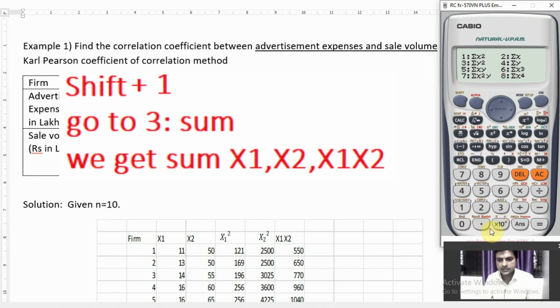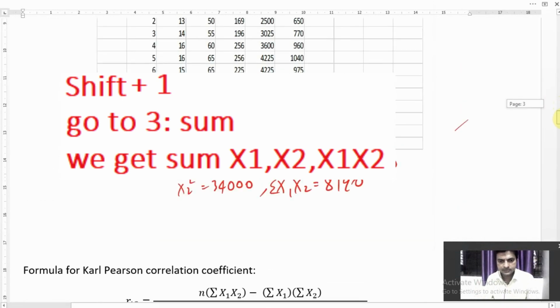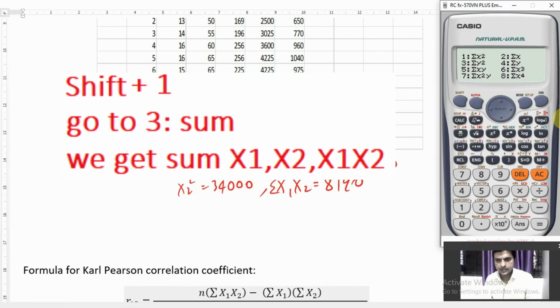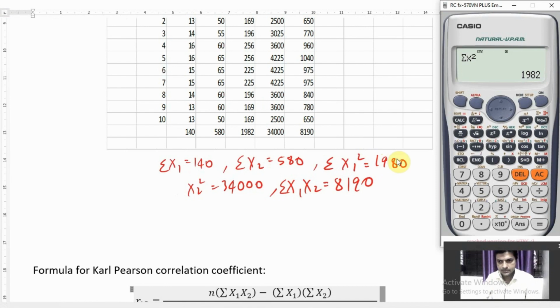Yes, you can easily verify the answers what we have taken here. Okay, I will take 1, that summation x square equal to, is it correct? Yes. So here we can see summation x1 square is 1980, so it is correct.